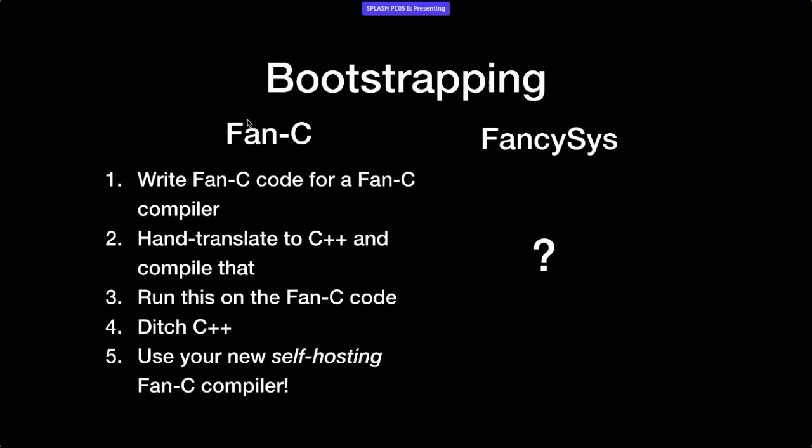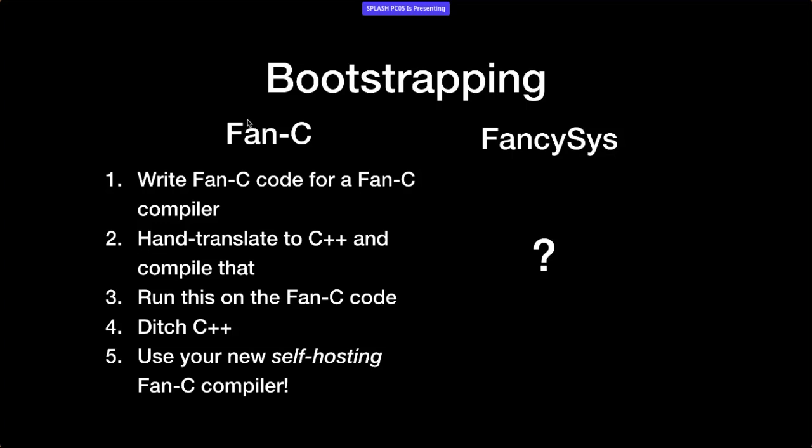So say you've come up with a fancy new language called Fancy, and you want to be able to compile and run it. The first thing you do is you write your compiler in Fancy. You can't run this yet, but what you can do is manually translate this to something like C++ and then compile that. Then you have a runnable compiler for Fancy, but it's written in C++. So if you want to change how it works, you have to use C++.